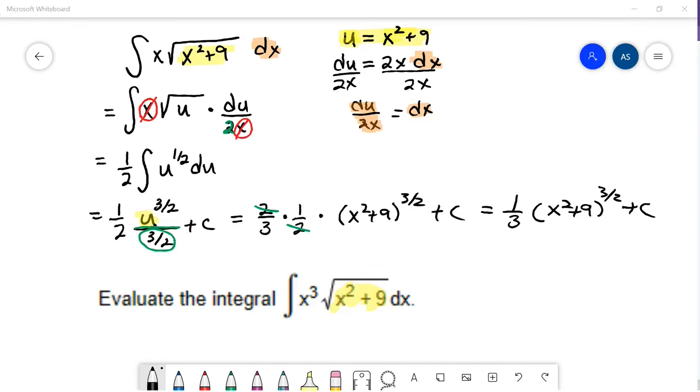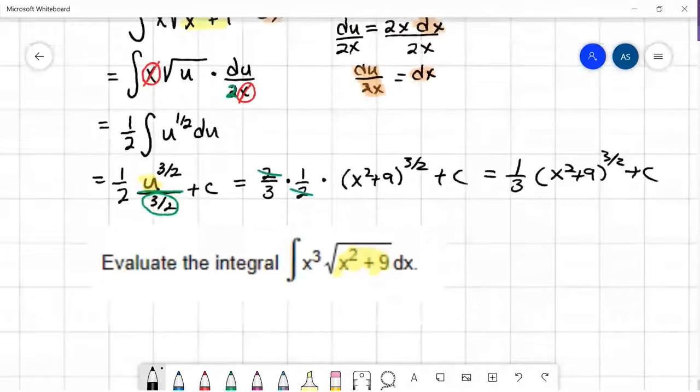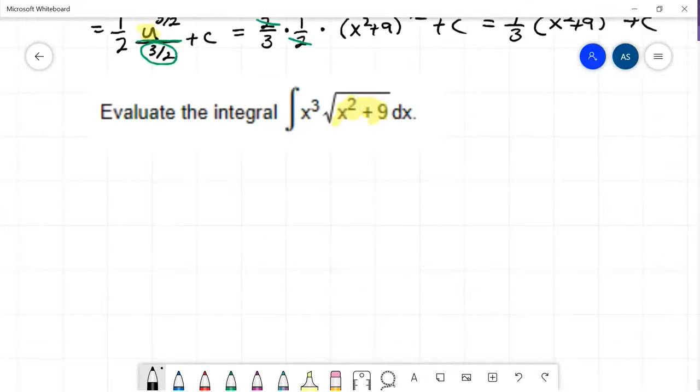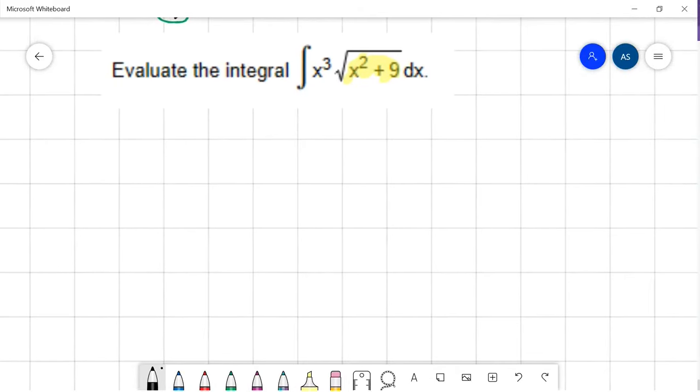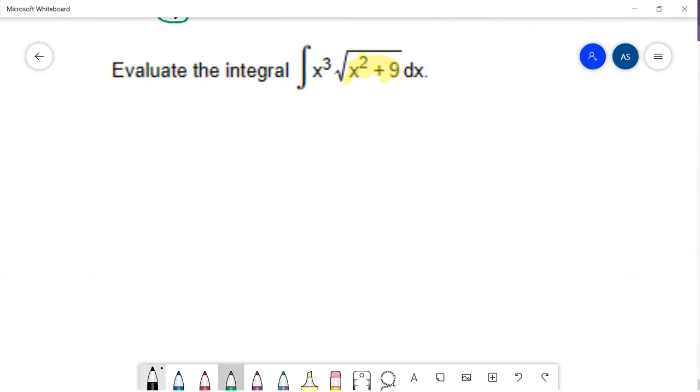So now that you've seen how the basic substitution method works, I'm going to show you the one that was asked by the student. So we have this integral here, and as I told you previously, we need for the other variable to cancel out, and it's not going to cancel out with the x cubed.